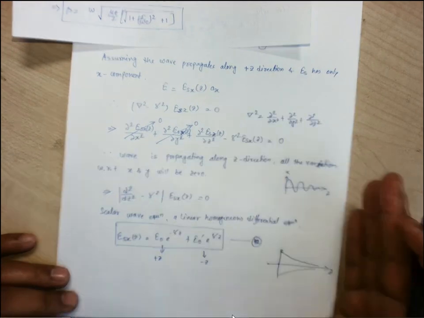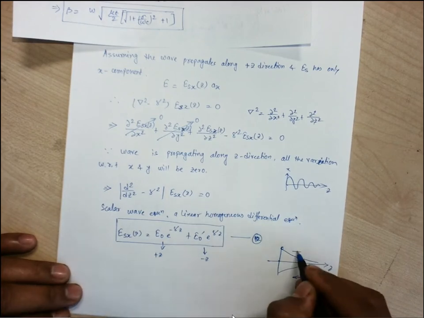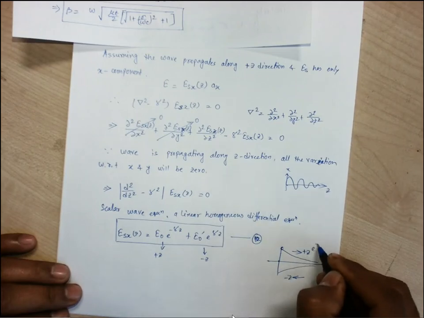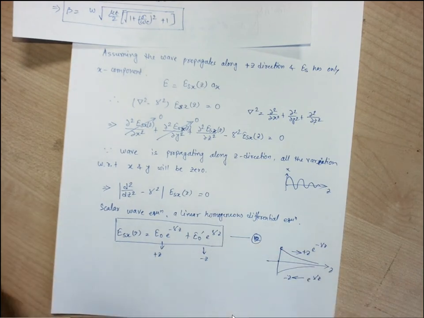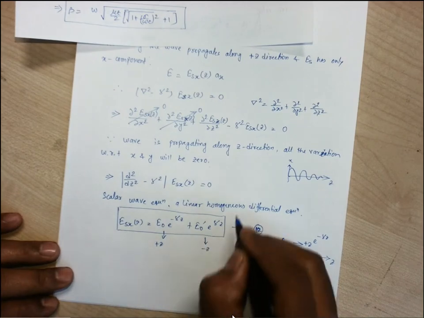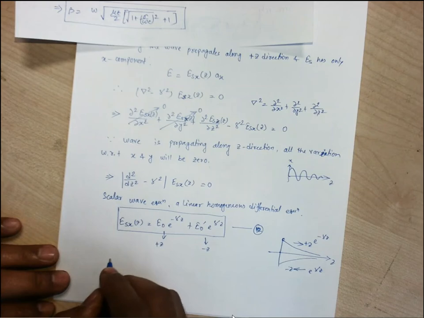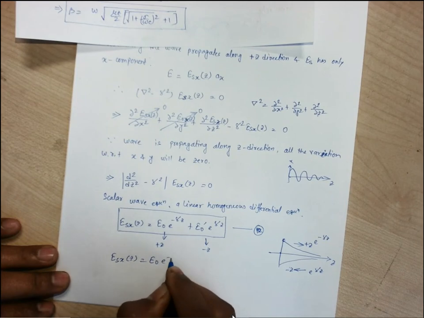Minus z means from the load end it is coming towards the source. For plus z it has the e to the power minus gamma z component, and for minus z it has the e to the power plus gamma z component. We say this factor is 0 if we are considering only the source. Then our field at the source end should have only this part.